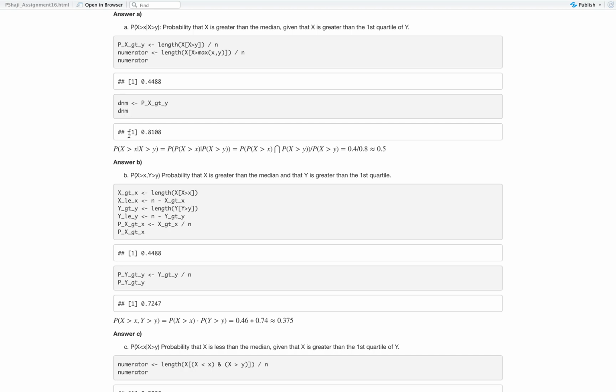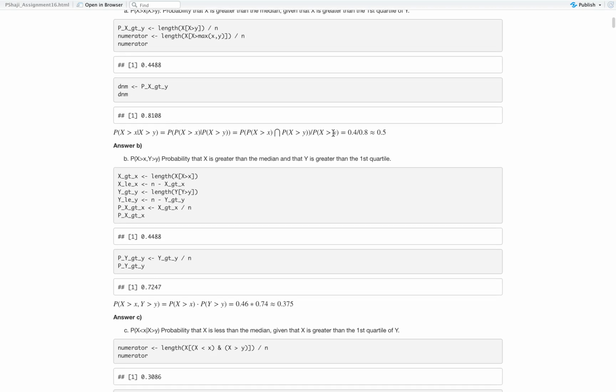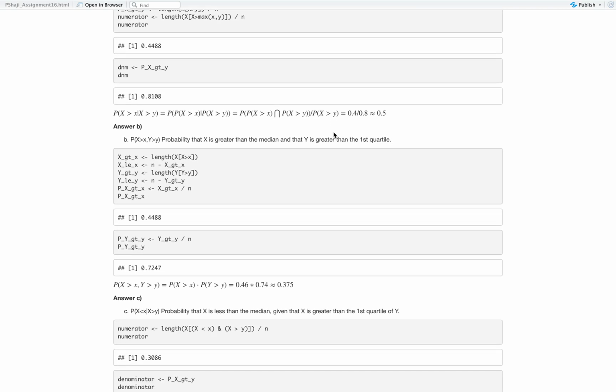The expression we have to calculate, we can expand as the probability X > x or the probability X > y, which equates to the union of this expression, and the probability P(X > y) divided by P(X > small y).